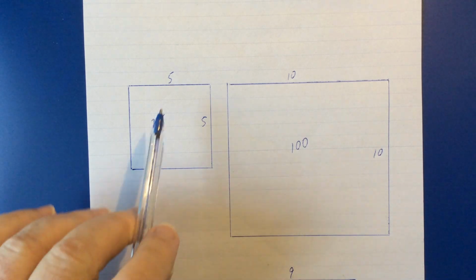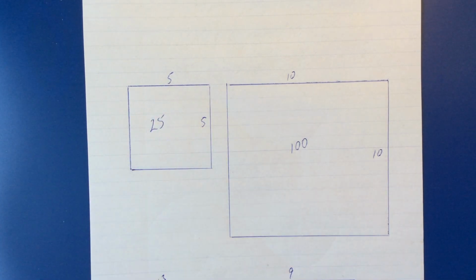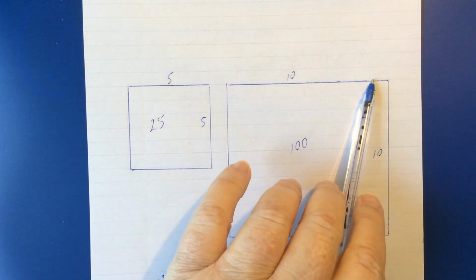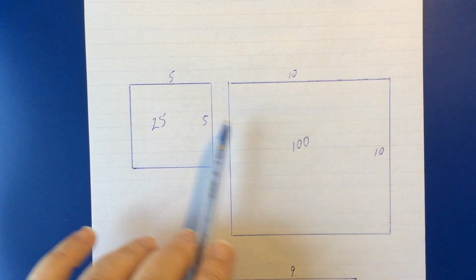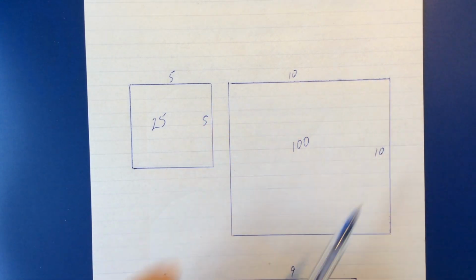Well, when I double the sides of a square, what I'm doing is I am quadrupling the area. Why? Because I'm increasing in 2 dimensions. I'm increasing from 5 to 10 in this dimension and 5 to 10 in this dimension.